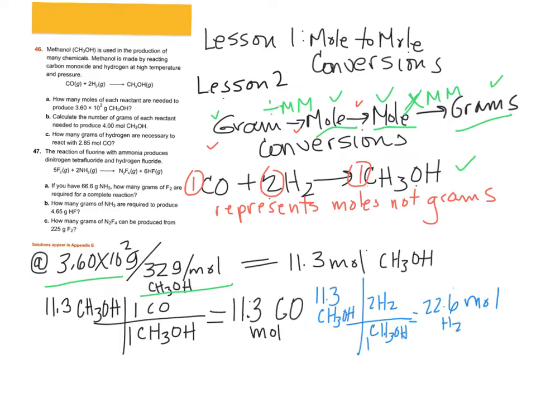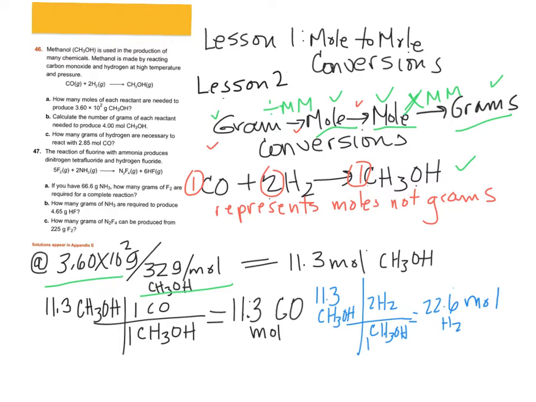Carbon is 12, 4 hydrogens is 4, 12 plus 4 is 16, plus 16 for oxygen, so that's 32. When you plug it in your calculator, 3.6 times 10 to the second divided by 32 is 11.3 moles of CH3OH. So the problem's saying how many moles of each reactant are needed to produce 11.3 moles of CH3OH.